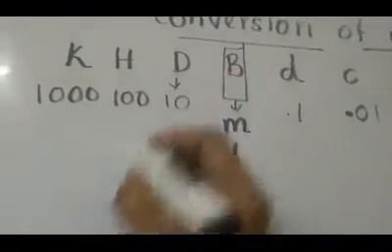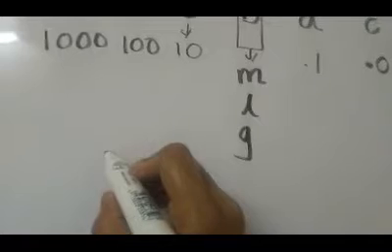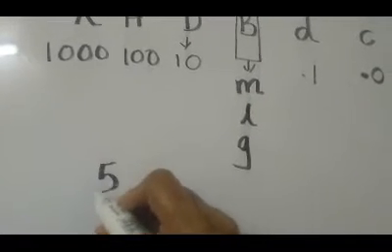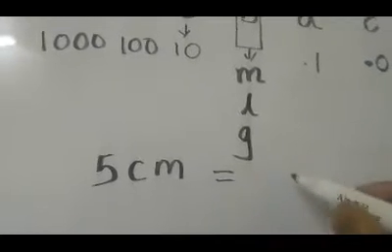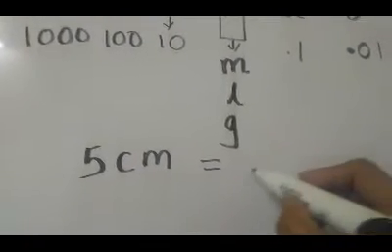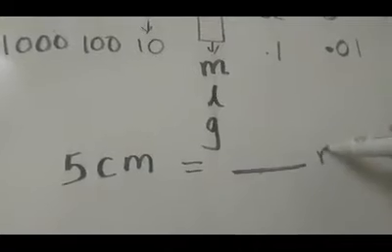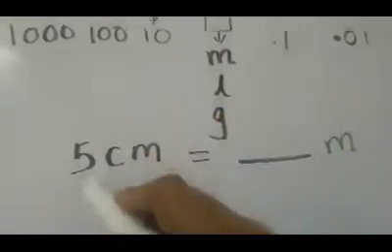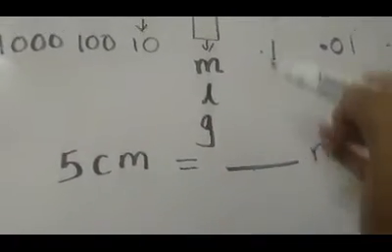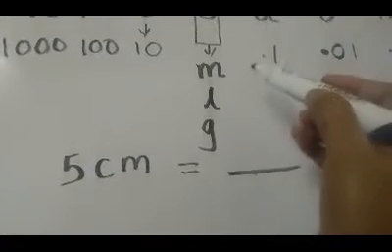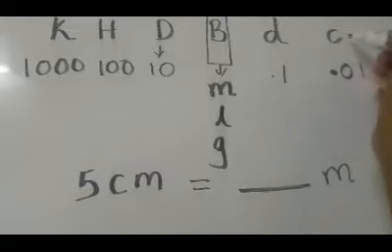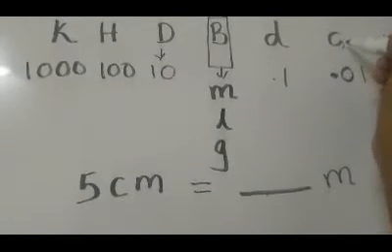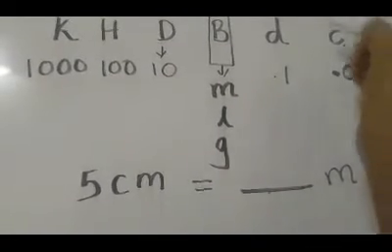Okay. Then if I want to convert 5 centimeter into meter, what do I do? The first thing we check is where centimeter is. This is centimeter. From centimeter we are going to meter.